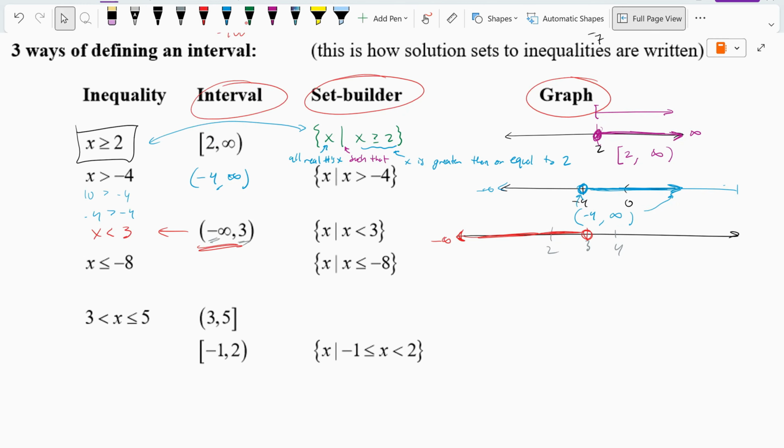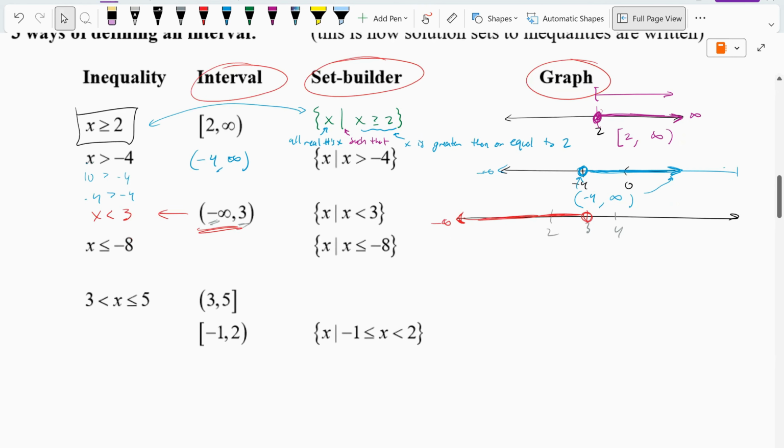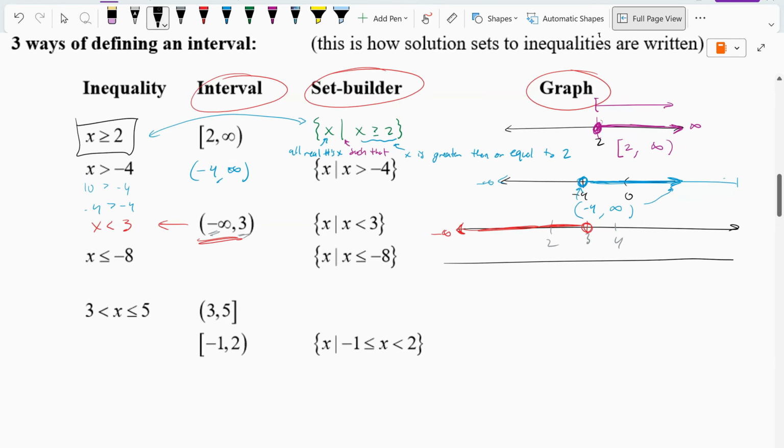Okay. So x is less than or equal to -8 is similar. The only difference will be it's a closed circle now. So here's -8, here's 0, and I now have a closed circle, and I shade to the left. So in interval notation, of my shaded values, what is leftmost?